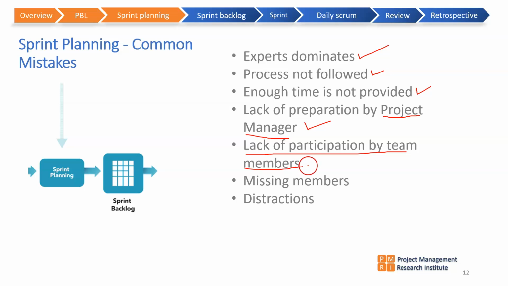So that will be good. Sometimes there are missing members, as all the team members may not be present. There may be other organizational distractions. All these things can hamper an effective sprint planning meeting, so the Scrum Master should ensure that these things are not happening.